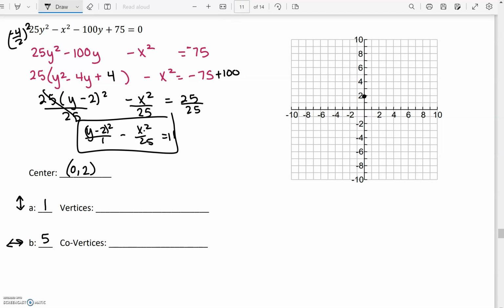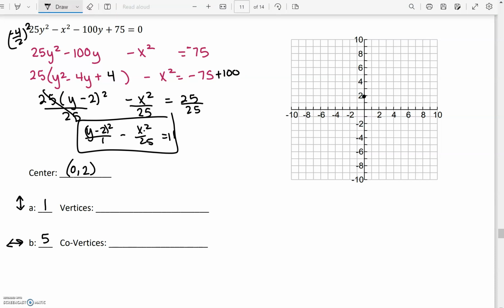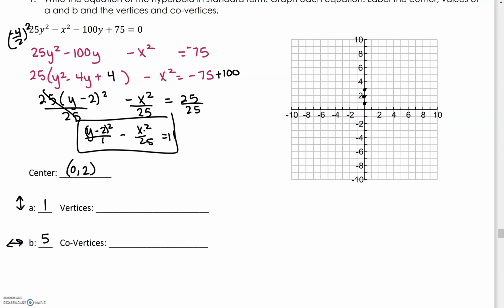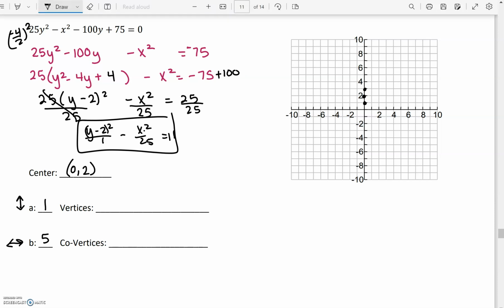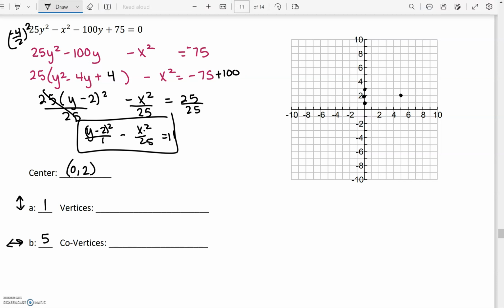So there we go, 0, 2, and now we're going to go 1 to the right, 1 up and down, because that's, again, my a that is up and down, that goes with the y. Super important where those x's and y's are. And then 5 is left to right. So sometimes those little arrows can help remind us. Okay, so we're going to draw our box.